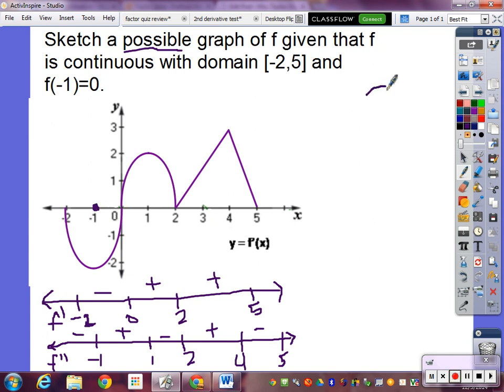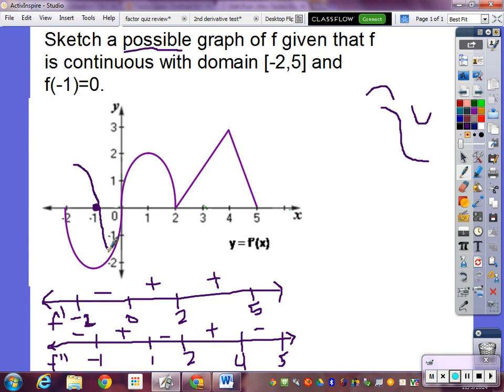Concave down looks like this, concave up looks like this, but I have to be decreasing the entire time. So what I'm looking at is concave down and then concave up, so that I'm still decreasing the entire time.